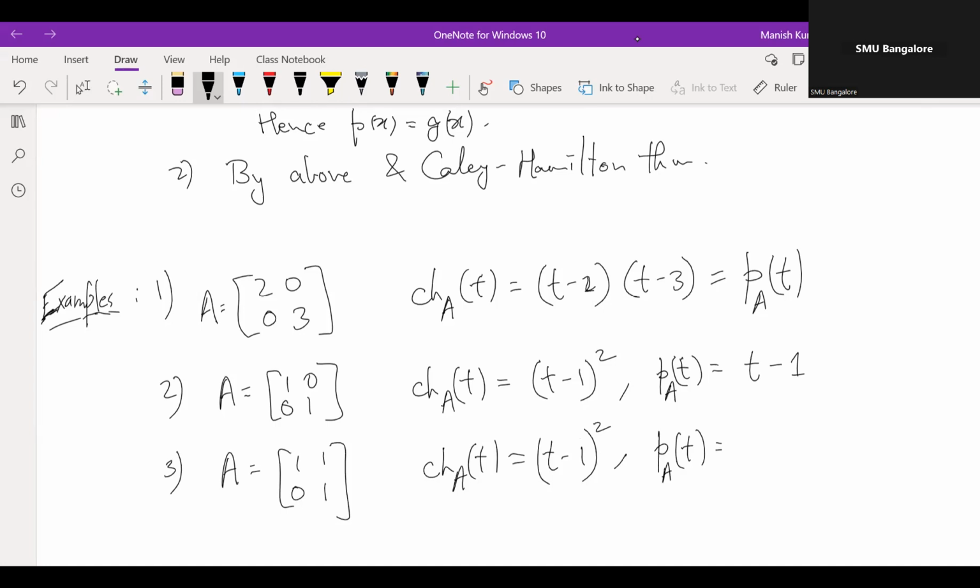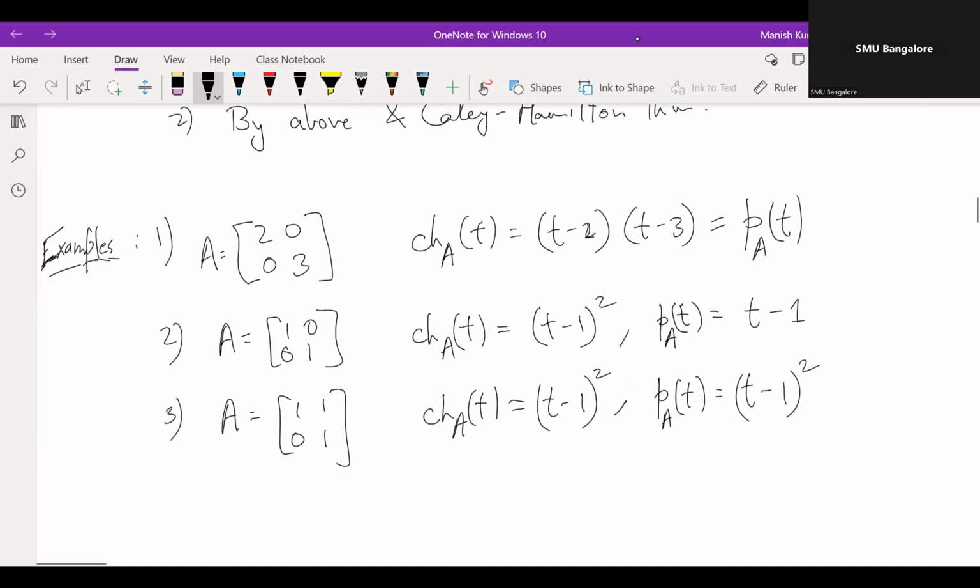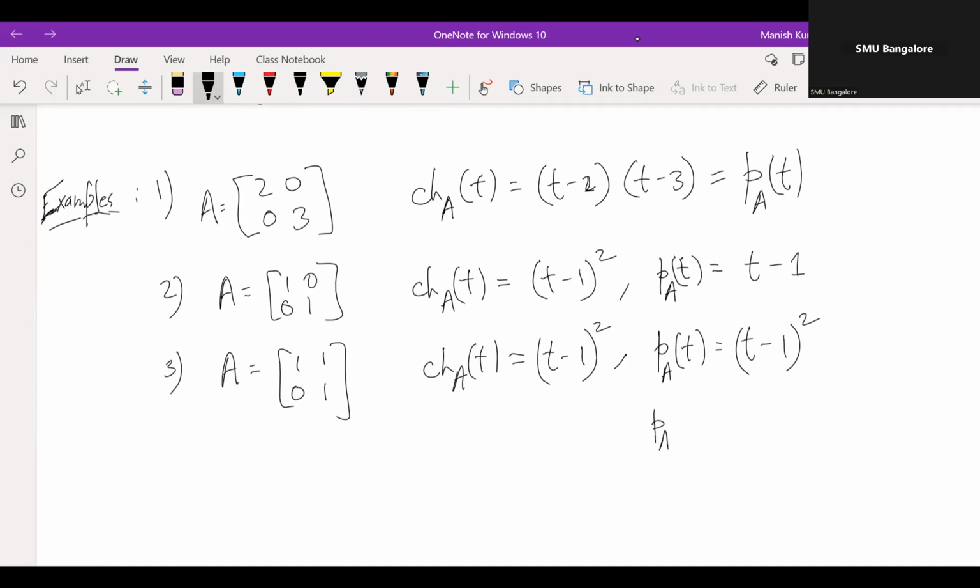There is no other possibility. So it has to be t minus 1 whole square. And you can see that it does satisfy. If you subtract the identity from A and square it, you get the 0 matrix.